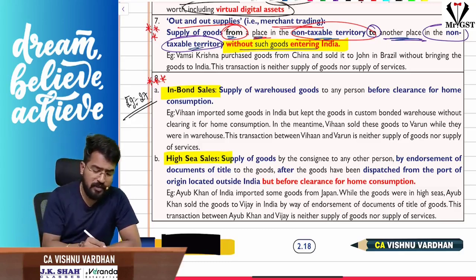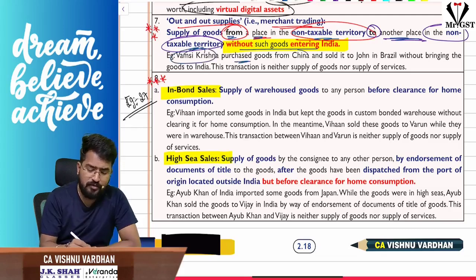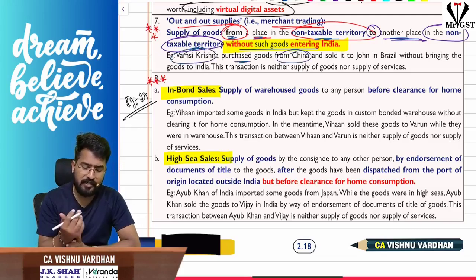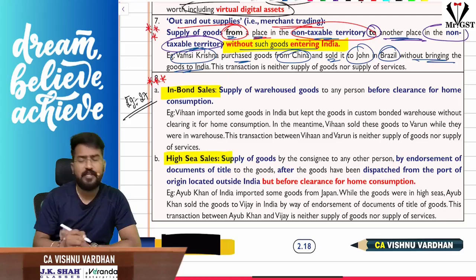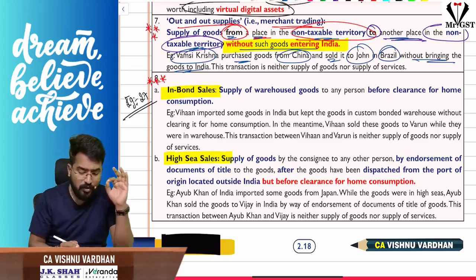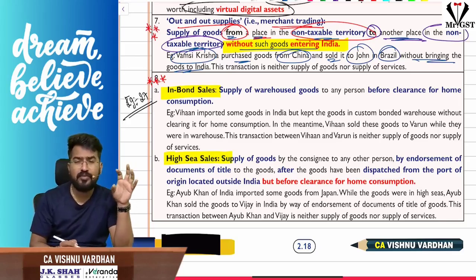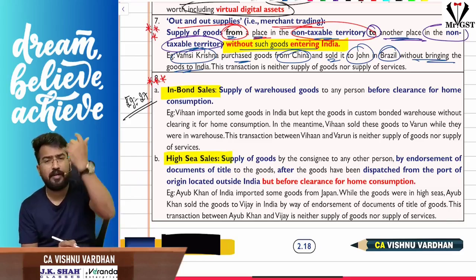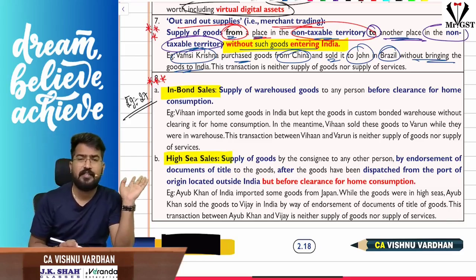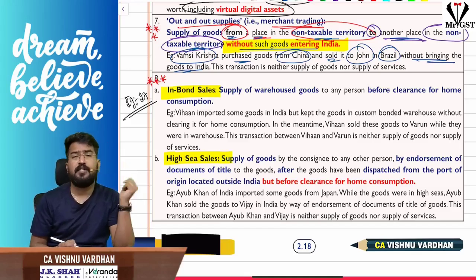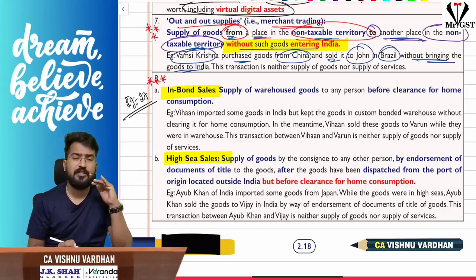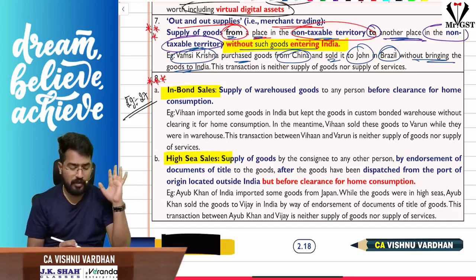For example, Mr. Vamsi Krishna from India is buying goods from China and sells them to Mr. John in Brazil without bringing the goods to India. This is called out and out supplies, where the goods, without being brought to India, are sold outside the taxable territory itself. Are the goods at least coming to India? No sir, they are not coming. Then it is neither treated as supply of goods nor supply of services, so it is not a supply. Okay, so that is the next one.